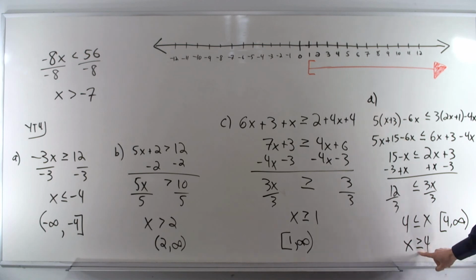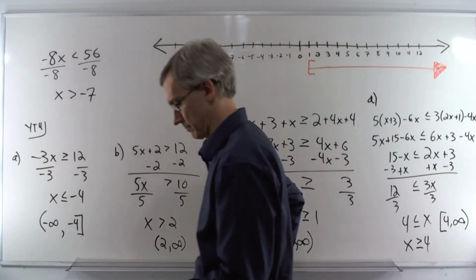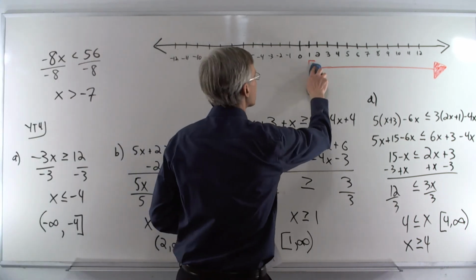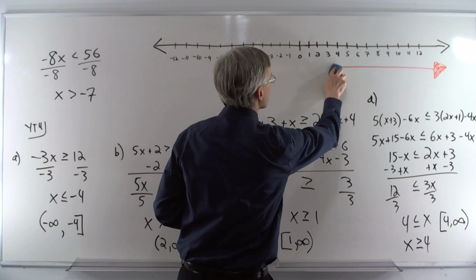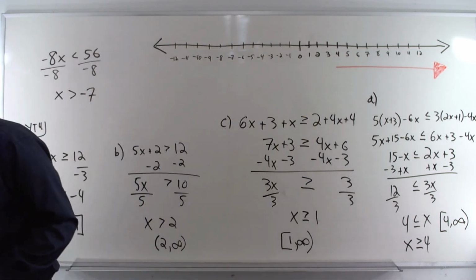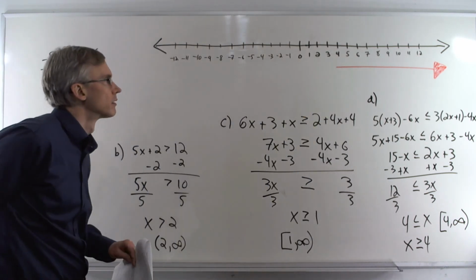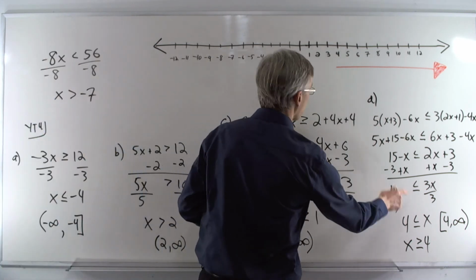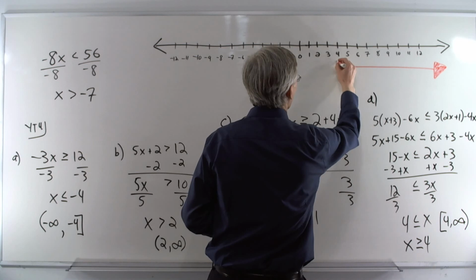And since it's greater than or equal to, we use a bracket there. So that's going to change this graph to start at 4. And we got a bracket here, so I'll have a bracket here.